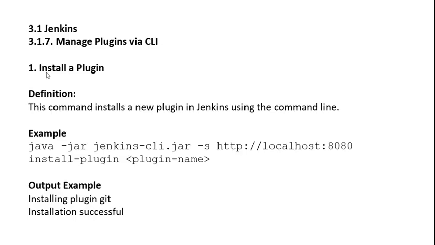So the first command is install plugins. This command installs new plugins in Jenkins using the command line. The example is java -jar jenkins-cli.jar -s http://localhost:8080 install-plugin, and then write the plugin name.